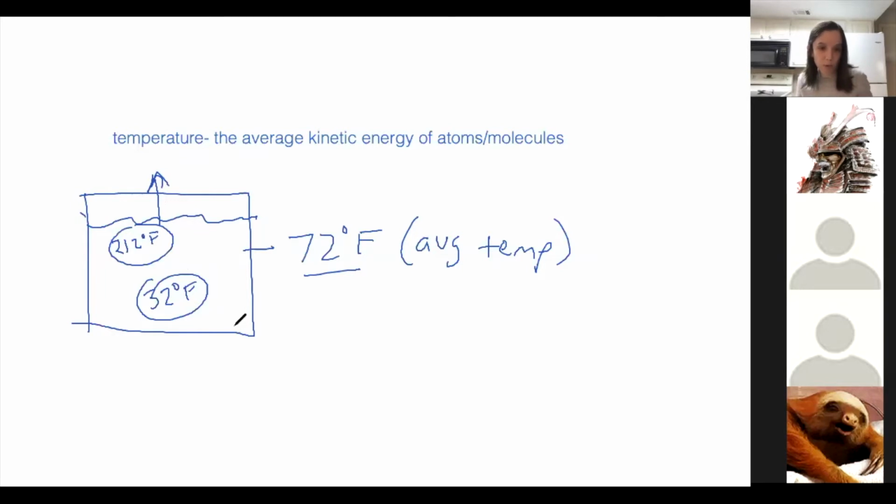They don't really move very much. So some won't have very much movement, while others will have a lot of movement. And that's what we mean by temperature. But the majority of them will be around 72 degrees Fahrenheit if that's the temperature of the substance. But just remember that it's an average, and for individual atoms, you're going to have some that are well above and some that are well below that average.